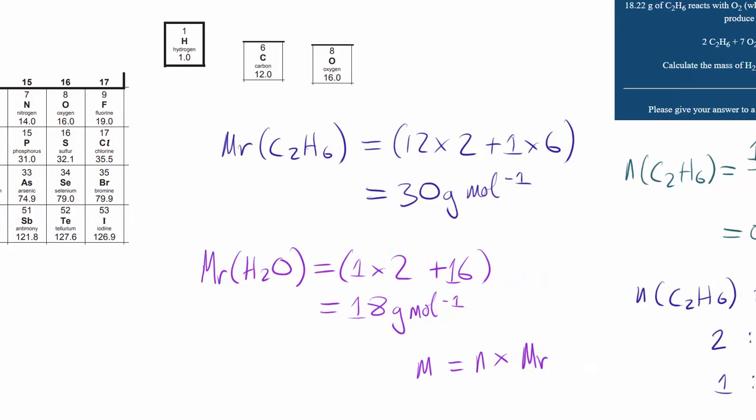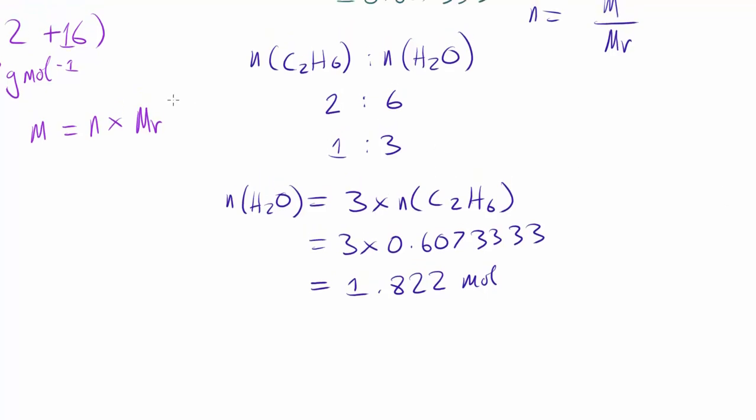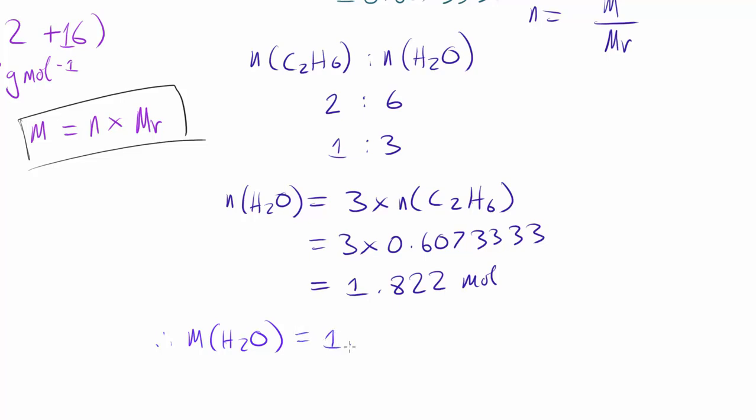So we now use this 18 with our equation. The mass of H₂O in this question would be equal to 1.822 multiplied by 18.